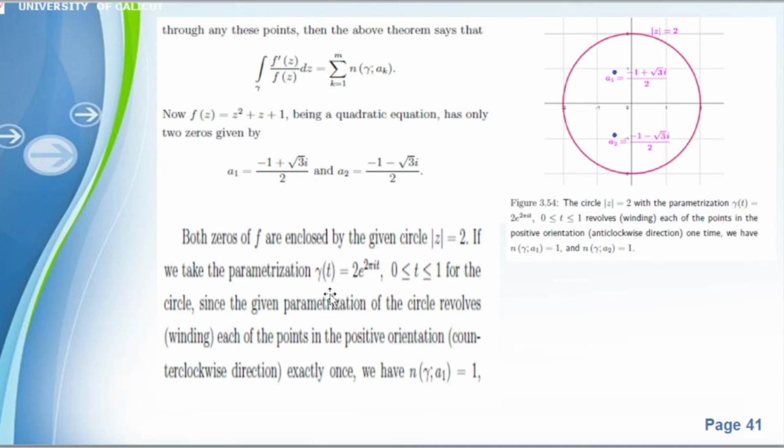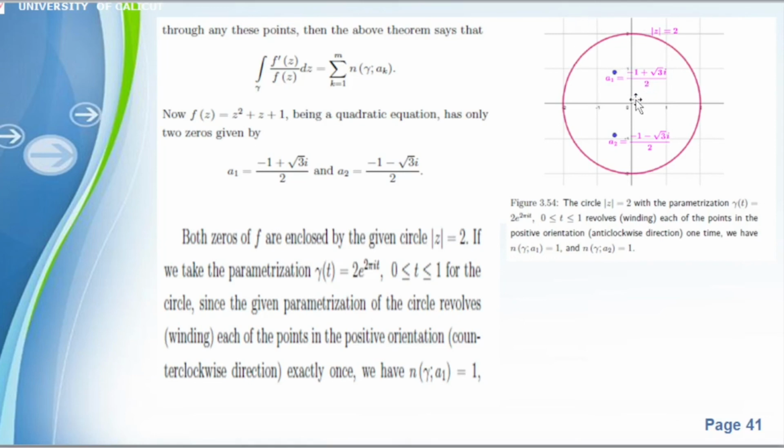By the parameterization γ(t) = 2e^(2πit), t from 0 to 1, since the given parameterization revolves around each of the points in the positive orientation, both lie inside |z| = 2, with a1 = (−1 + √3 i)/2 and a2 = (−1 − √3 i)/2. So γ winds around both of them once.